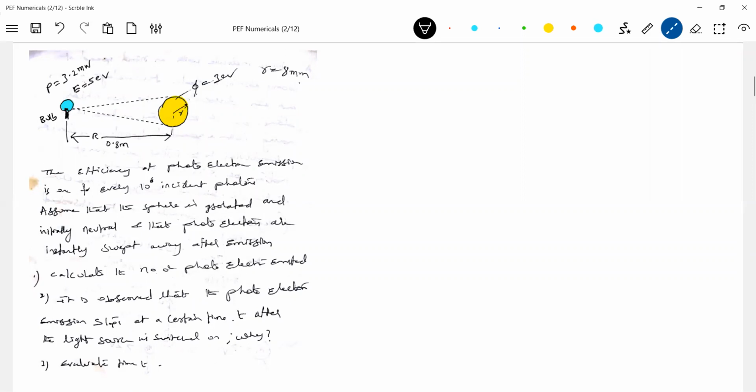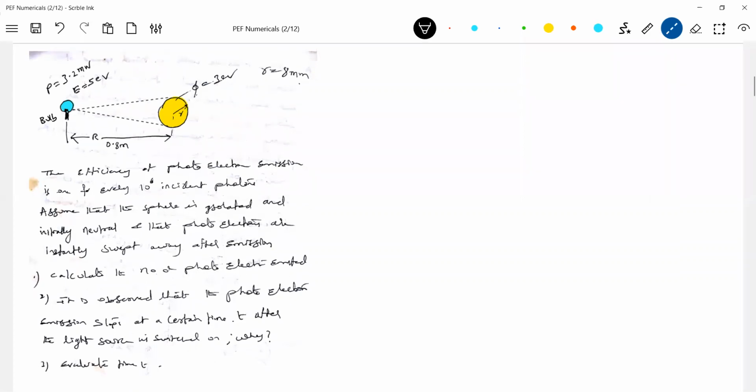Again, can you remember? I think on the very first day we brought in the photon flux like this. First, the number of photons emitted by the source per second.